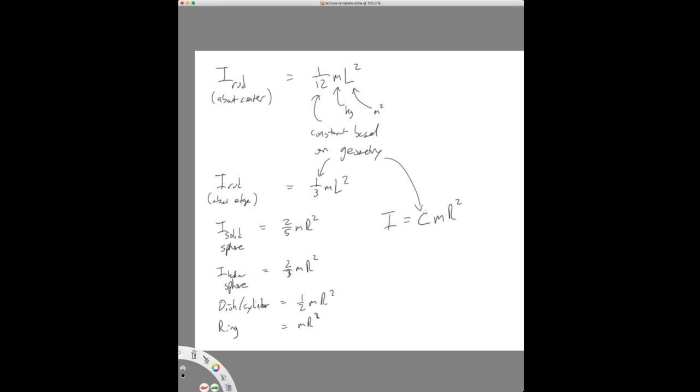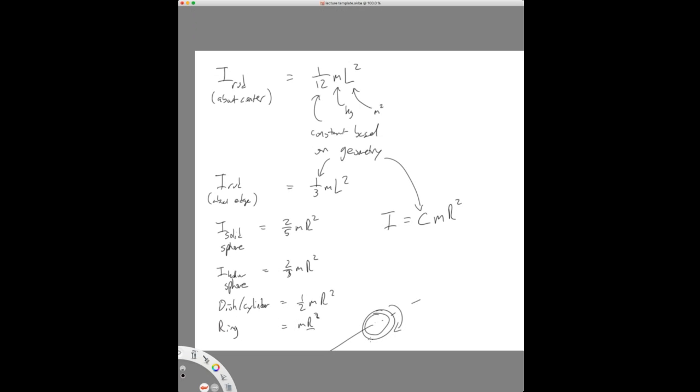And really, what determines the constant is that the constant gets bigger the more the mass is concentrated at a far radius. So if you think about a ring, like a hula hoop, and it's going to be rolling down a hill or something, all of the mass is at the maximum radius, all of it.